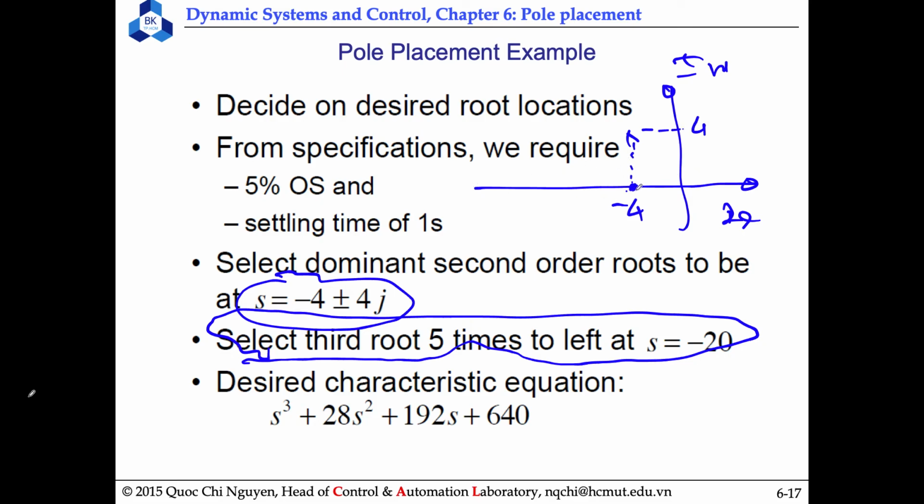And if we multiply by 5 times, the third root must be far away at least 5 times. Therefore we choose the first pole as minus 20.